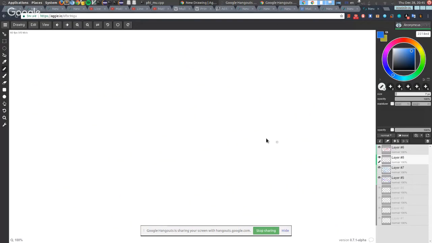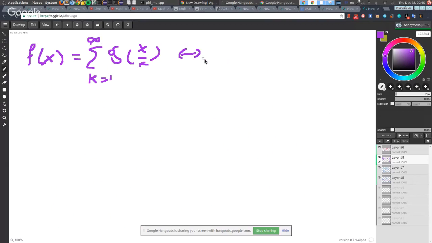So I'll write it now again, just because we lost it in the last slide. F of x is equal to the summation of all k, equivalent to g of x equal to the summation of k from 1 to infinity of mu of k f of x over k.